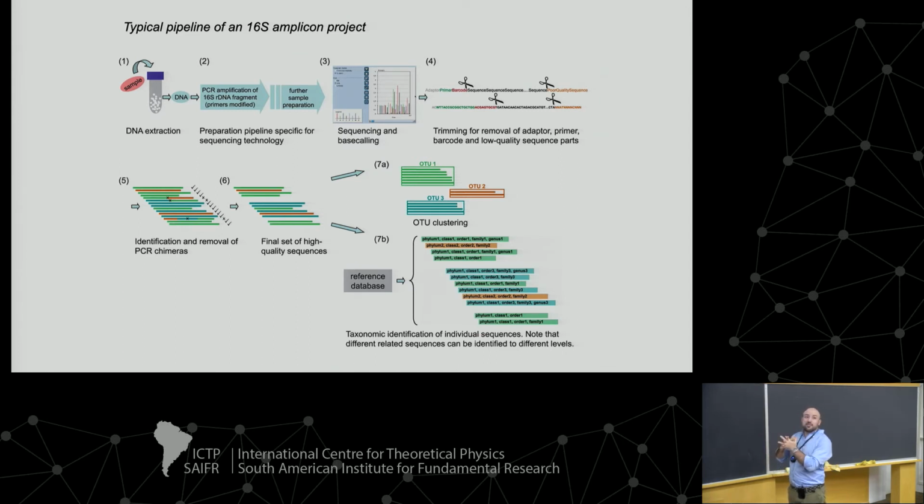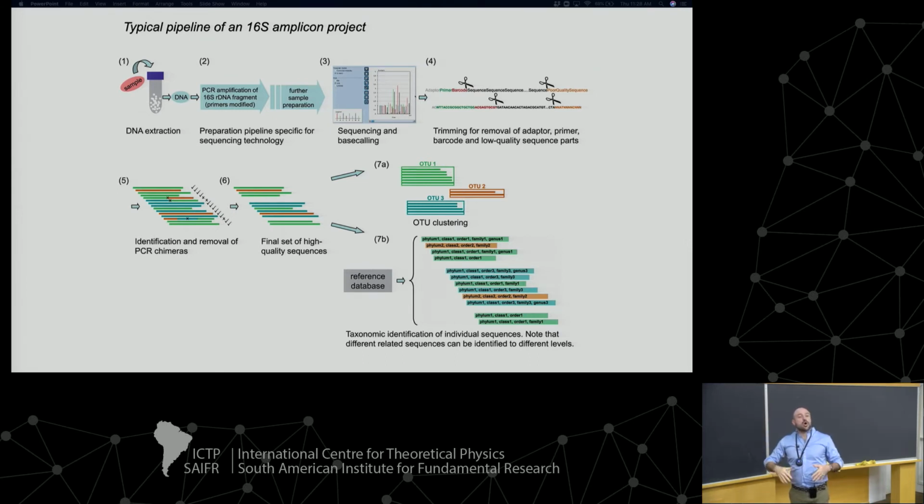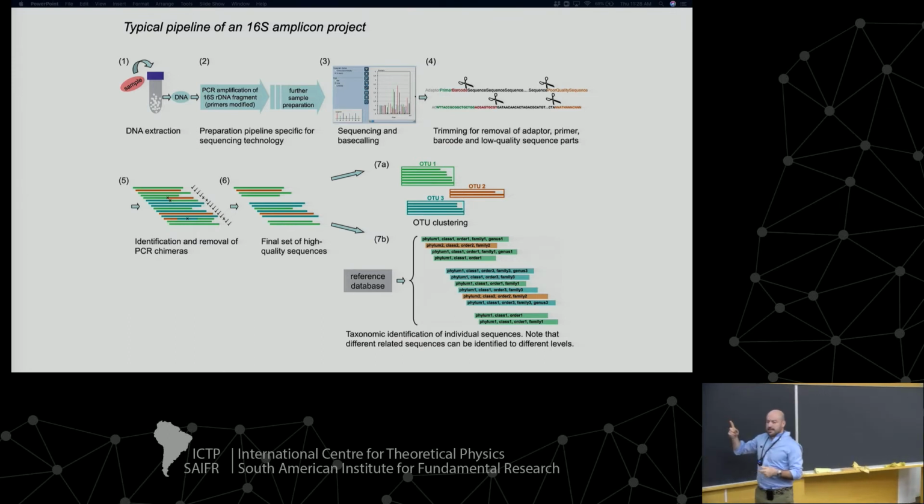The only advantage of this, and why it was a revolution, in the sense that now we have so much data compared to, for example, 10 or 15 years ago, is that you can mix everything. Say I take a sample from my saliva, extract the DNA, and amplify only that piece that is connected to the ribosome, which is this ribosomal 16S. I'm going to mention these words again, 16S, for those of you that know.